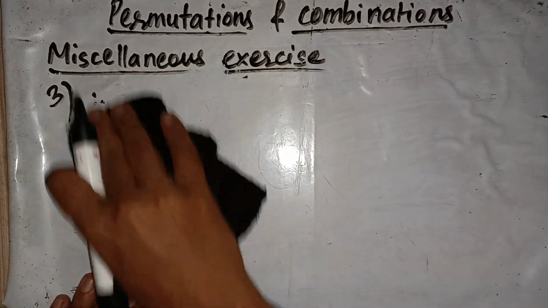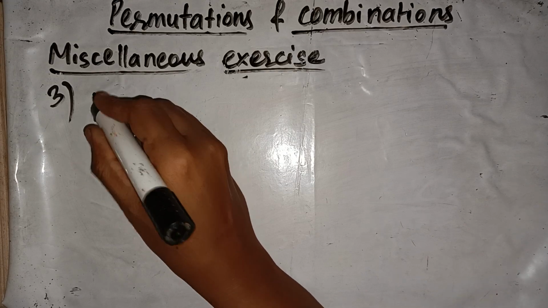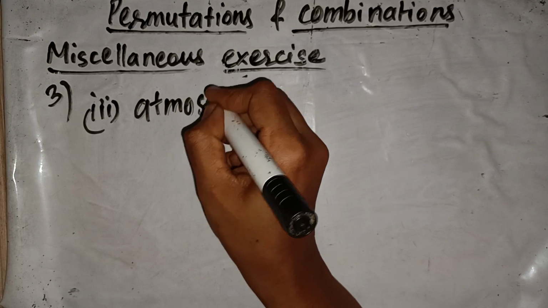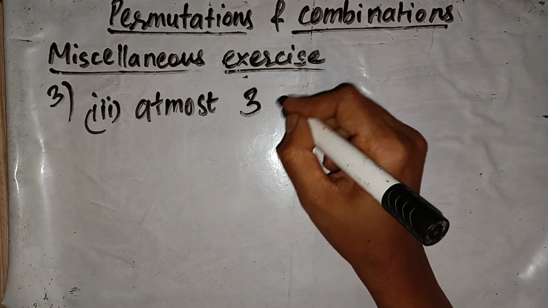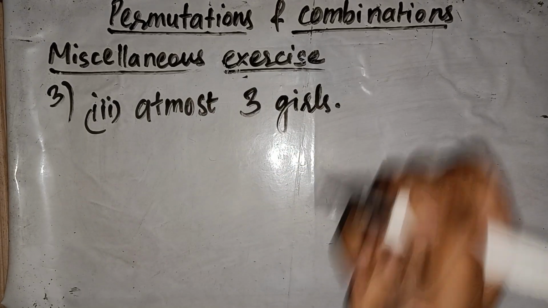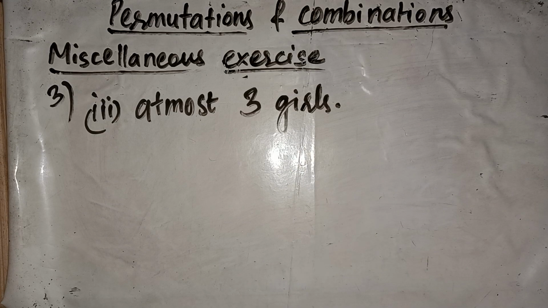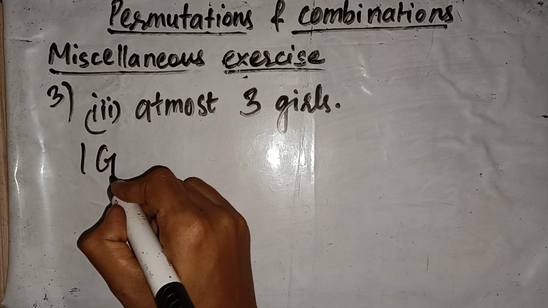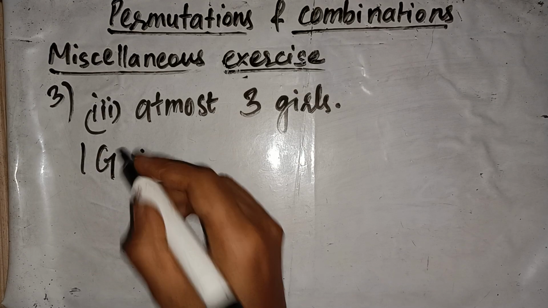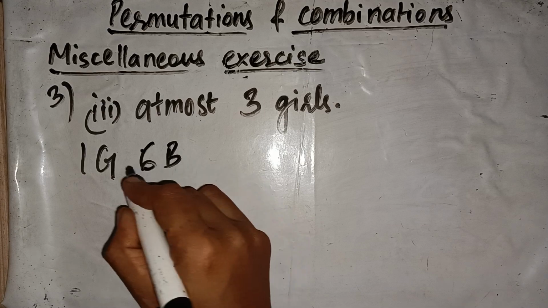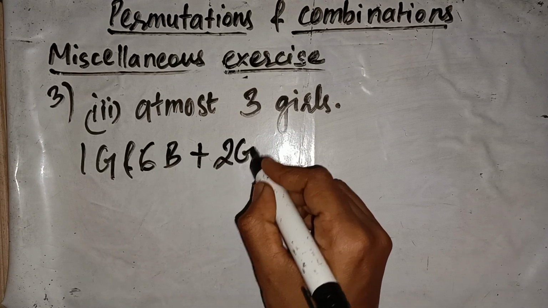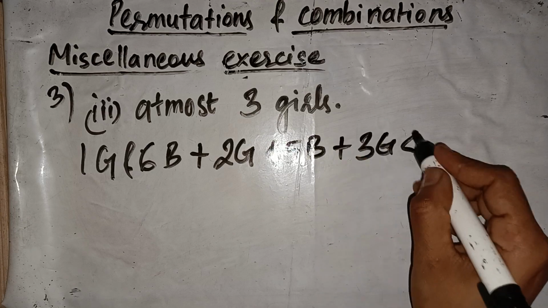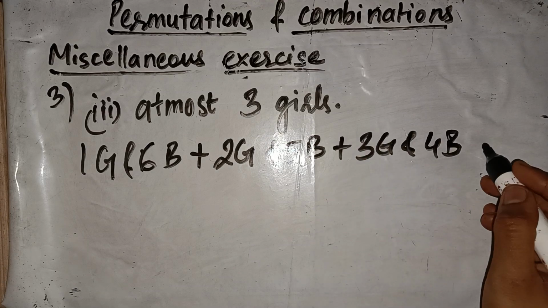Next one. At most 3 girls. So the maximum number of girls you can allow is 3. So start with 1 girl and total 7, so 6 boys. Then 2 girls and 5 boys. 3 girls and 4 boys.